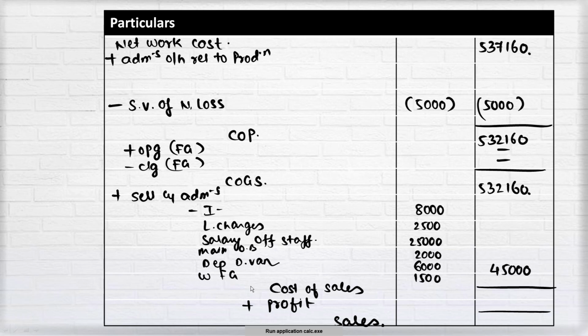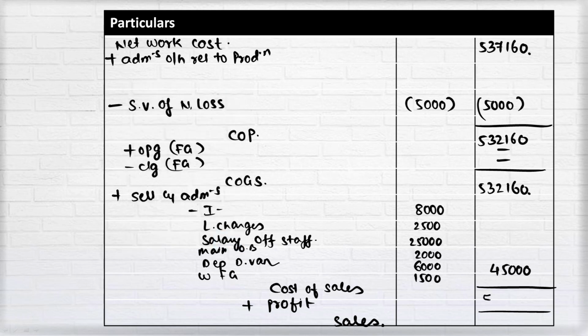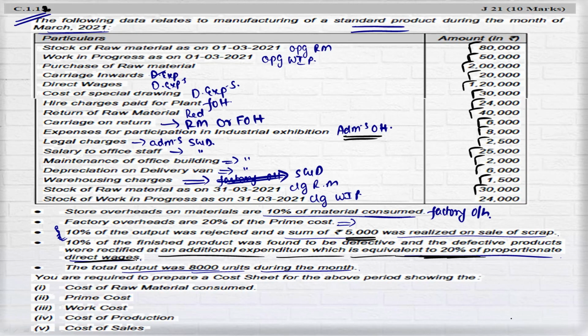And my cost of sales will be 532,160 plus 45,000, 577,160. I don't think selling price or anything is given, and they want the answer up to cost of sales.